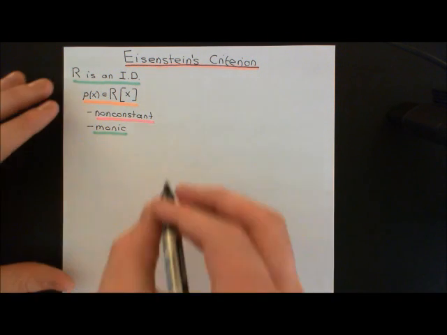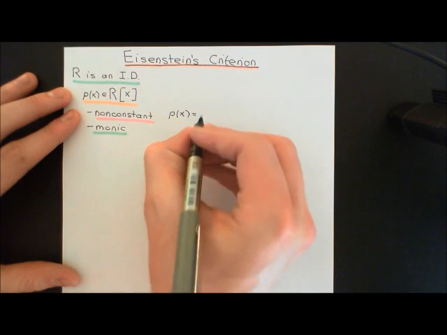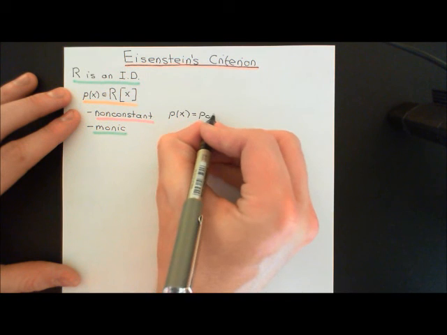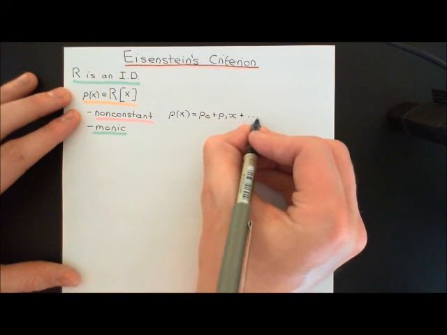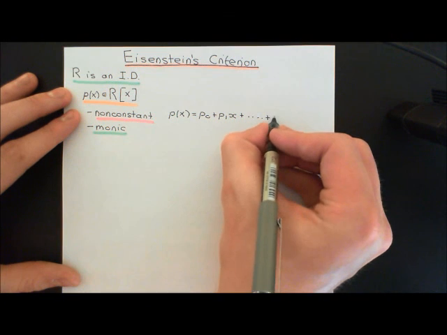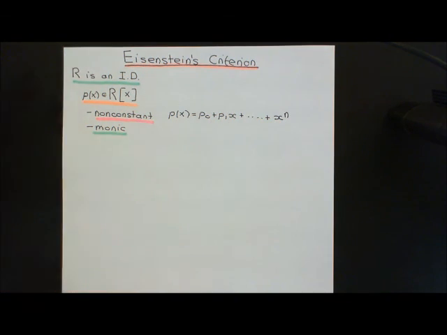To write this out explicitly, my polynomial P of X will look something like this: P0 plus P1 times x, all the way up to, let's say it's degree n, x to the n, and the coefficient in front of x to the n is 1.